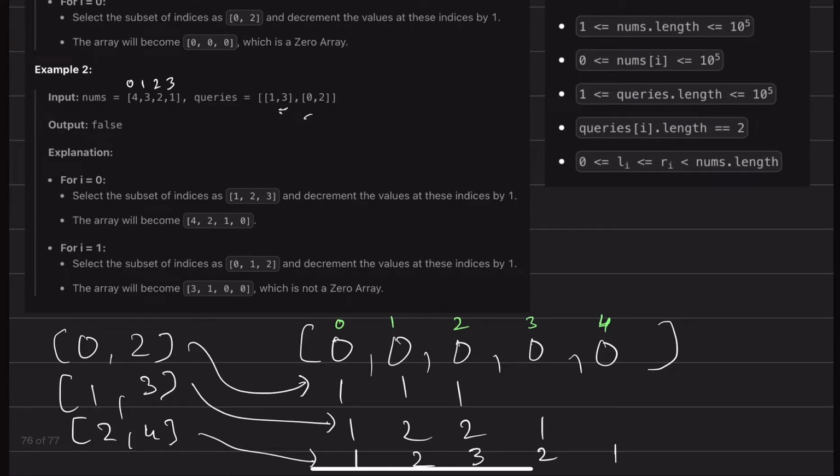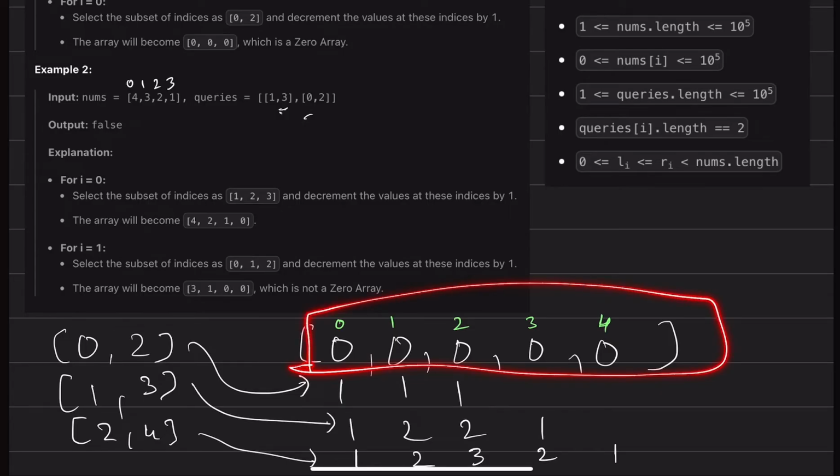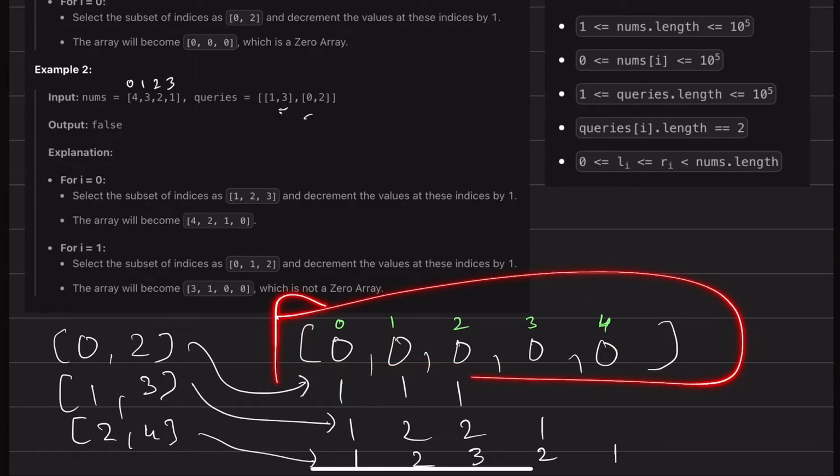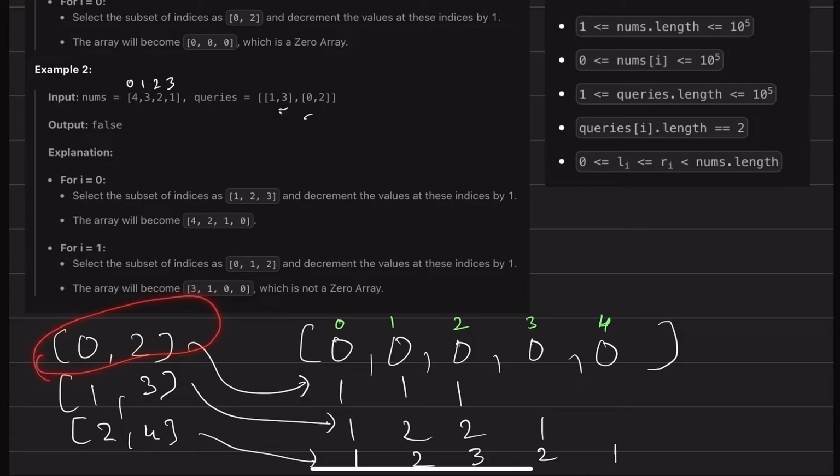Suppose we had a size five array, and for this array I had these queries. For 0 to 2, I can go to each of the places and increment it by 1. Then for 1 to 3, I can go to each of the places 1, 2 and 3 and increment the values by 1.